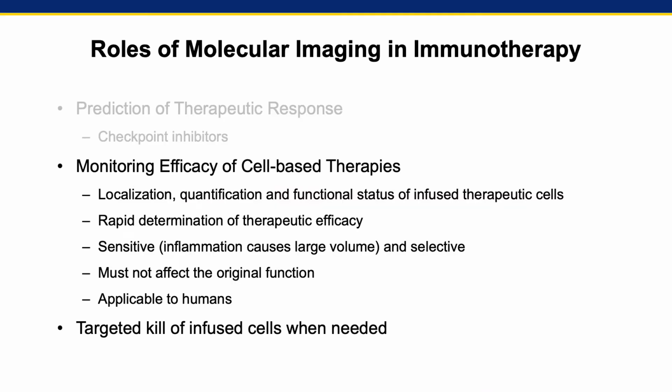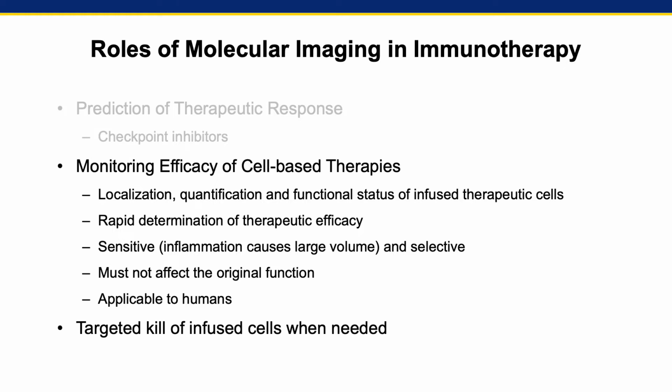For cell-based therapy, molecular imaging can also provide multiple valuable pieces of information. For example, we can localize where they are and quantify and determine the functional status of infused therapeutic cells. Also, we can use this information to rapidly determine therapeutic efficacy after the infusion of the cells.